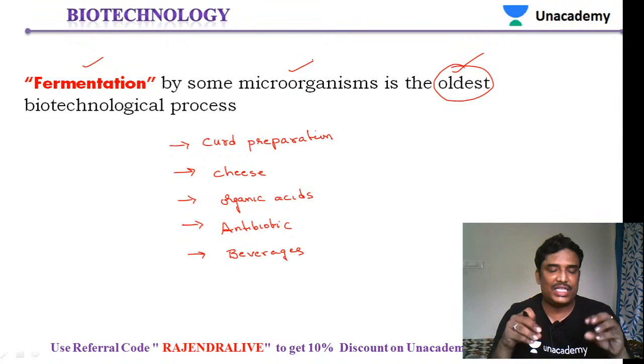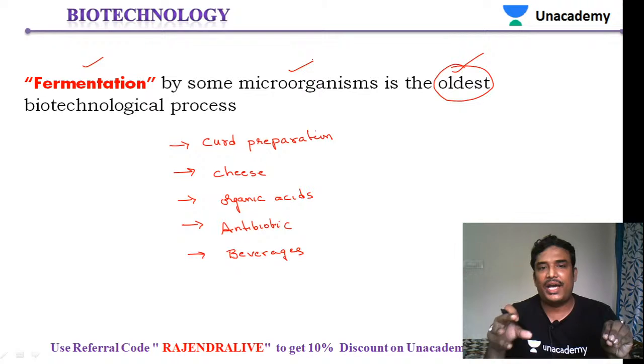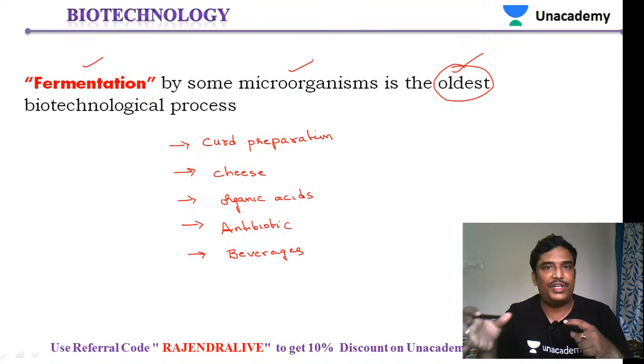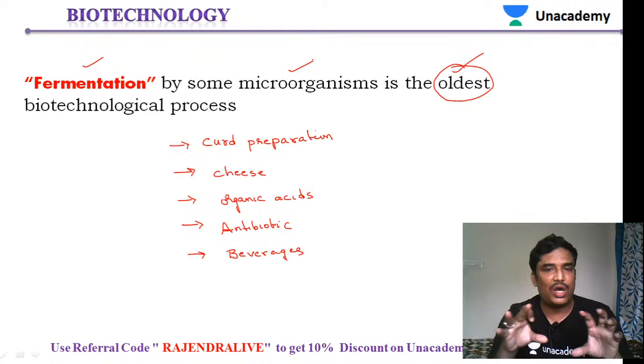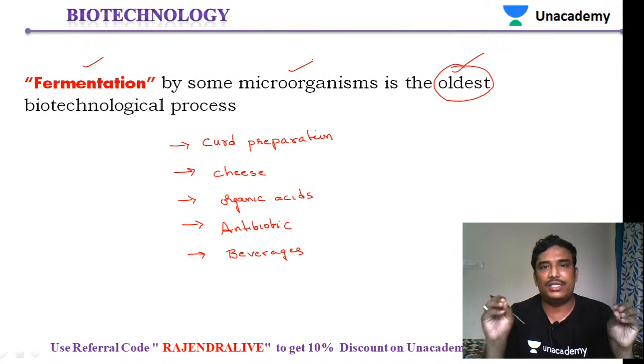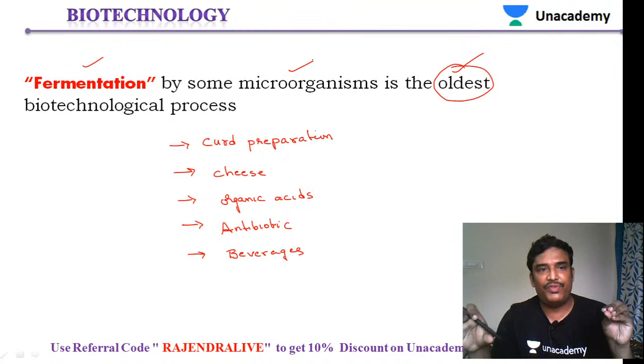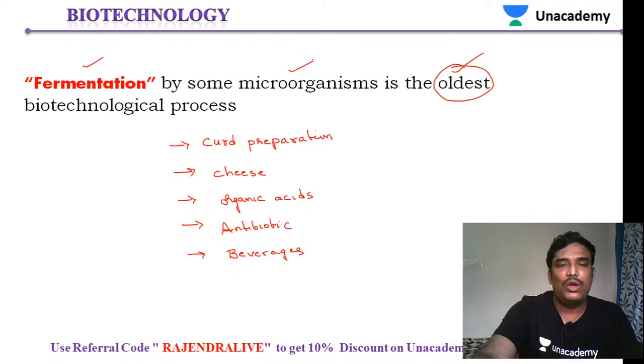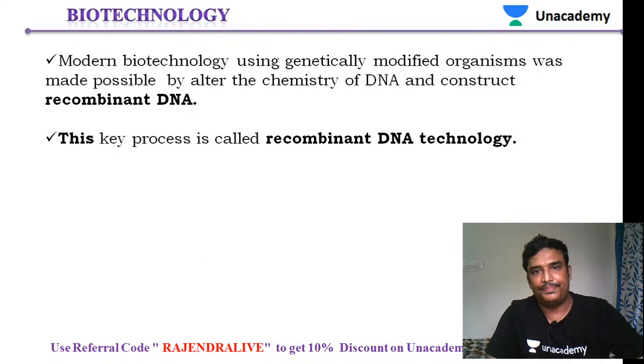Similarly, beverages: when we talk about fermentation, we have to mention beverages. The beer industry, wine, rum, vodka, all involve the preparation of beverages. The beverage industry depends totally on fermentation. That is the reason fermentation is considered the oldest biotechnology process.